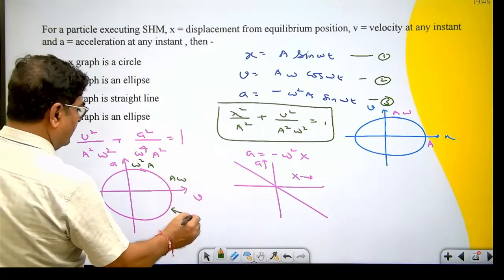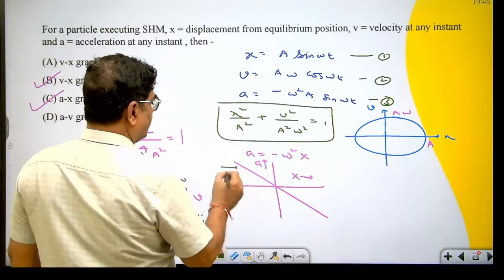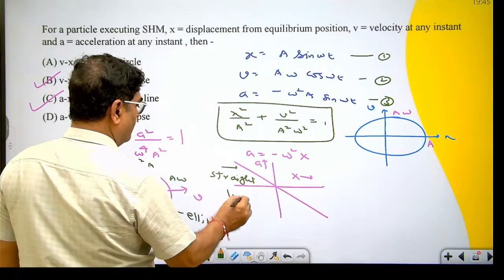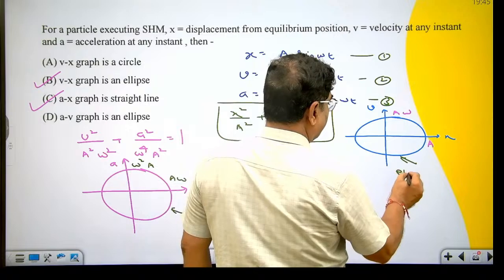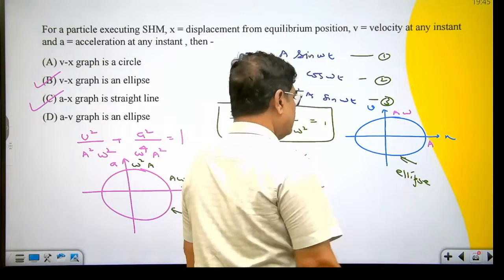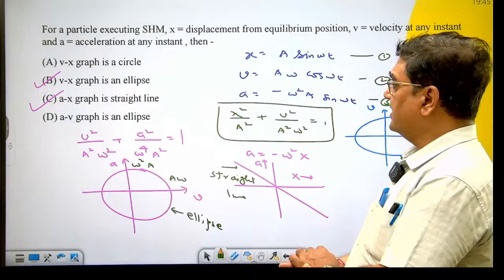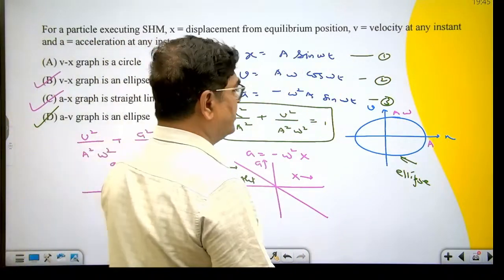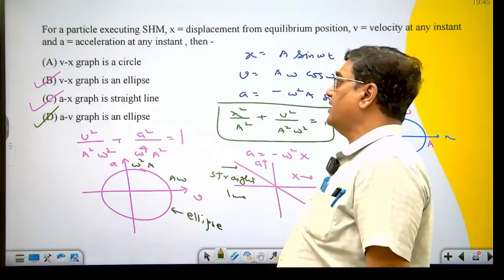This graph is an ellipse. This graph is a straight line. This graph is again an ellipse. So dear student, in this case, the Vx graph is an ellipse, the ax graph is a straight line, and the av graph is an ellipse. So options B, C and D are the correct options.